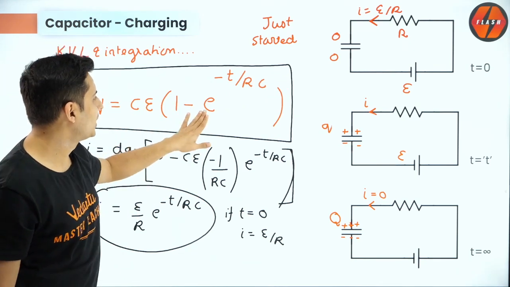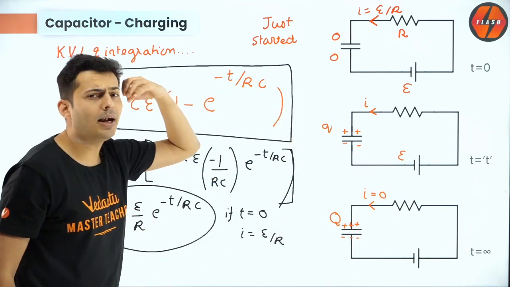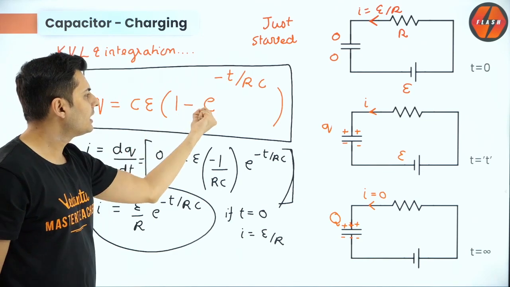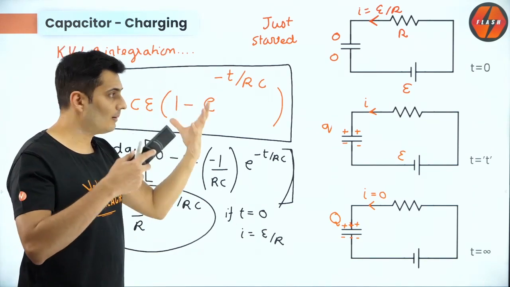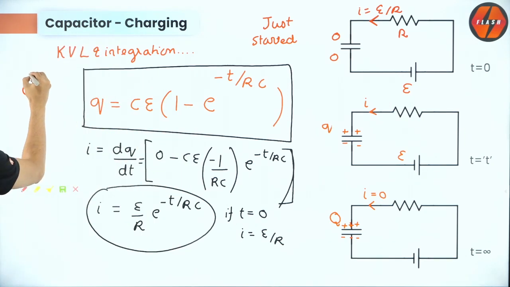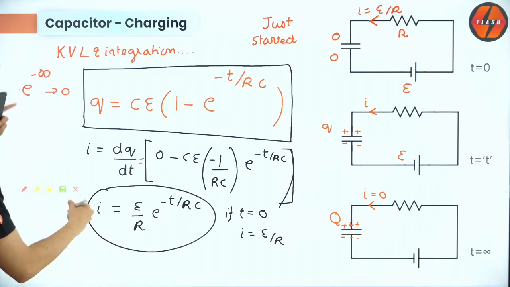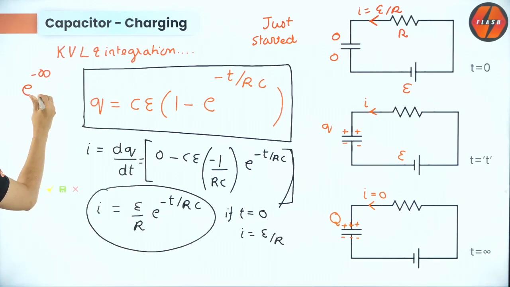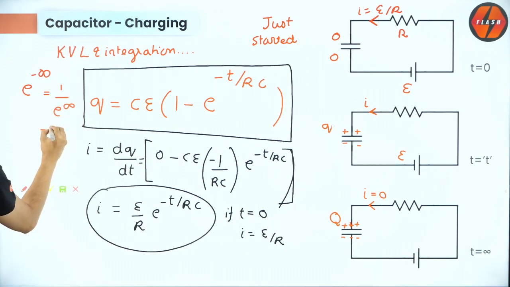And if you put the value of time as infinity, mentally you can do this. e raised to minus infinity, guys, is nothing but 0. Because actually e raised to minus infinity is nothing but 1 by e raised to infinity. And what is this going to be? It's going to tend towards 0.